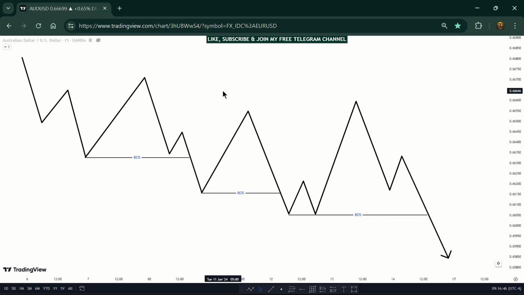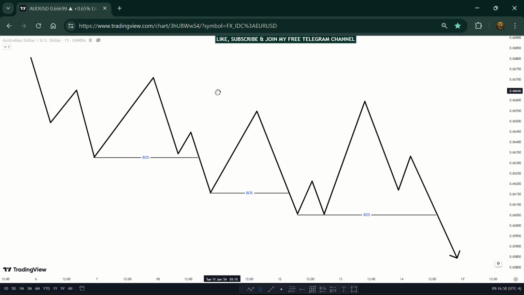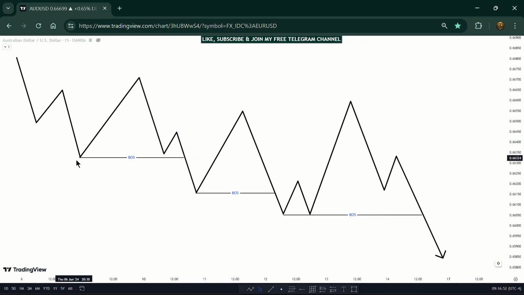If you know what structure mapping is, you are just mapping your structure to see where the market is going. You have to trade based on the direction of the market, but there are certain cases where a trade is reacting to a certain zone, like these zones here.